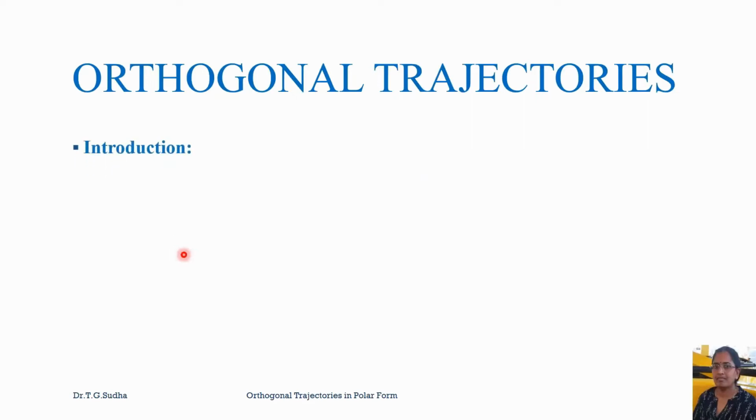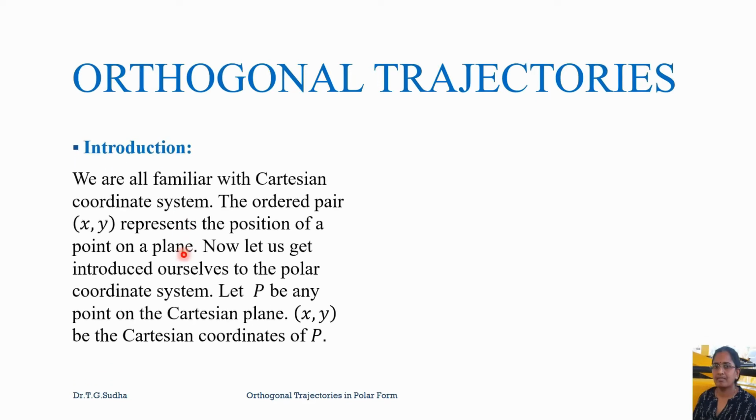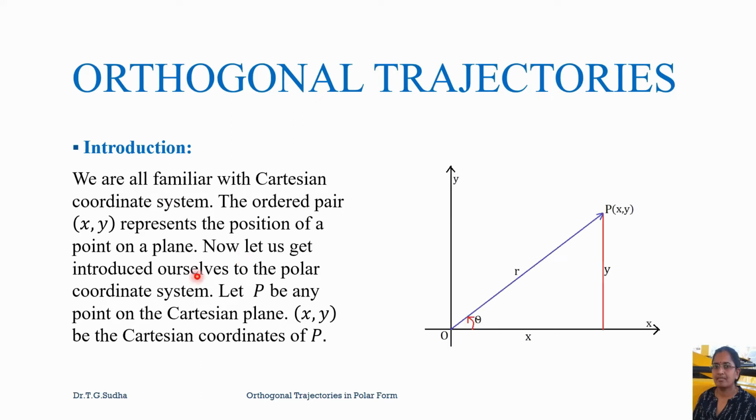Let us get ourselves introduced to the polar coordinate system. As we are all familiar with the Cartesian coordinate system, the ordered pair x, y represents the position of a point on a plane. Now let us get introduced to the polar coordinate system. Let P be any point on the Cartesian plane, x, y be the Cartesian coordinates of P. So this is the Cartesian coordinates.